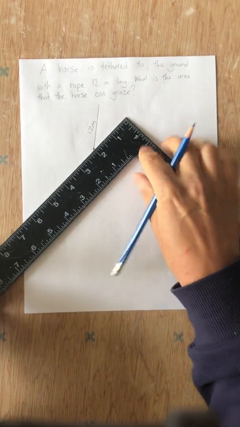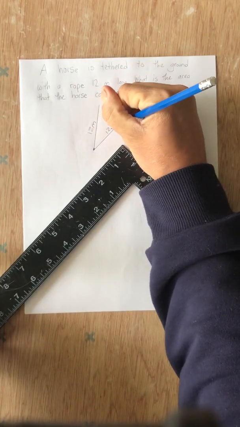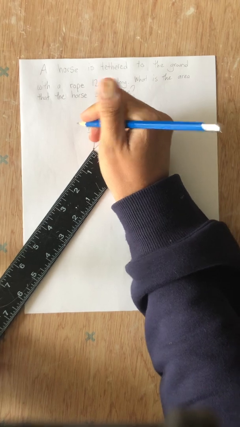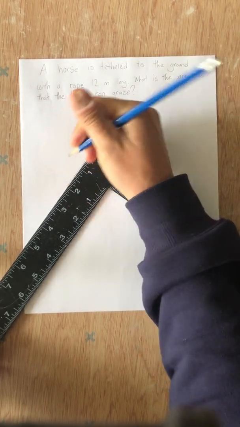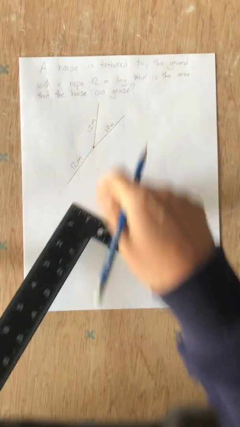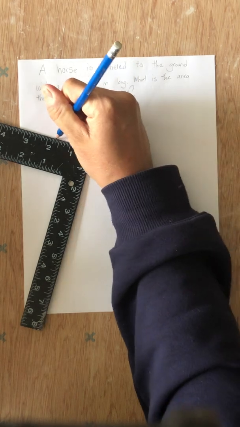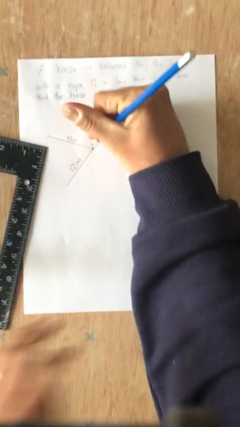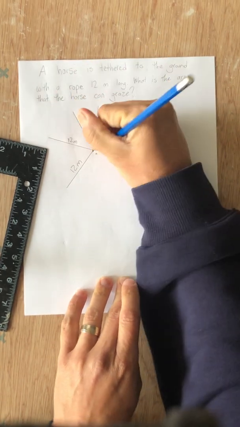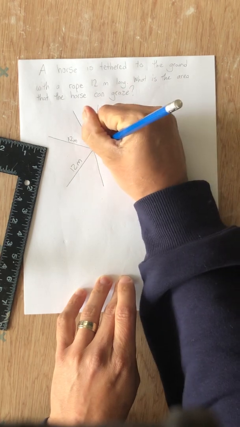Or it could go 12 meters this way, or this way, or this way. So basically, the horse can go anywhere it wants, but it can only go up to 12 meters away.